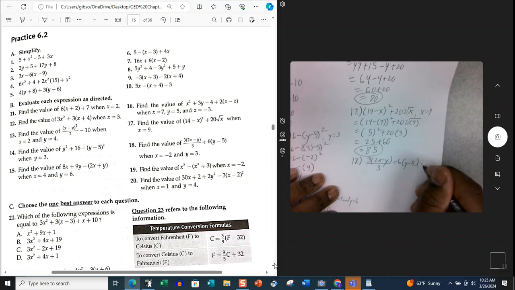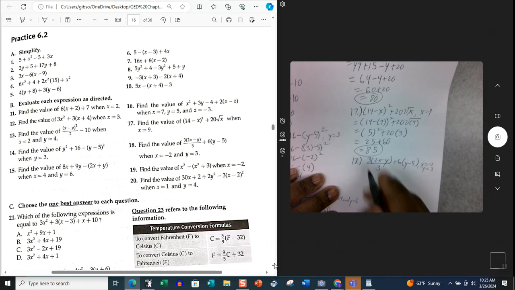And then we have x is negative 2, and we have y is 3. So now we have 3 times 2 times negative 2 minus 3 all over 3 plus 6 times y is 3 minus 5.